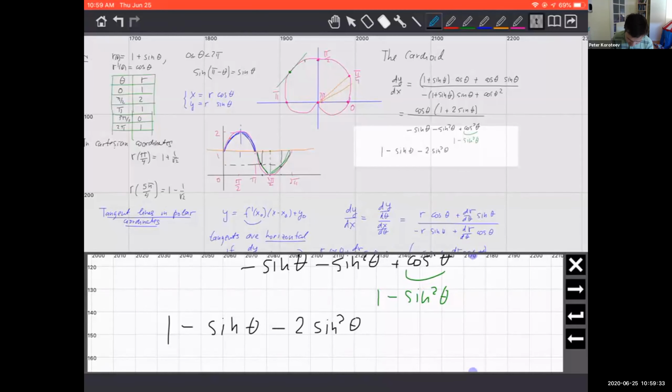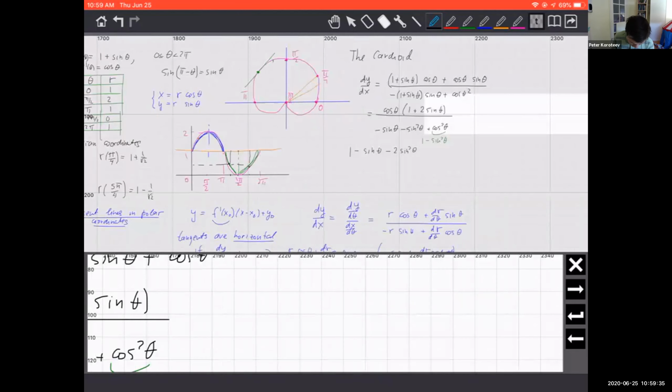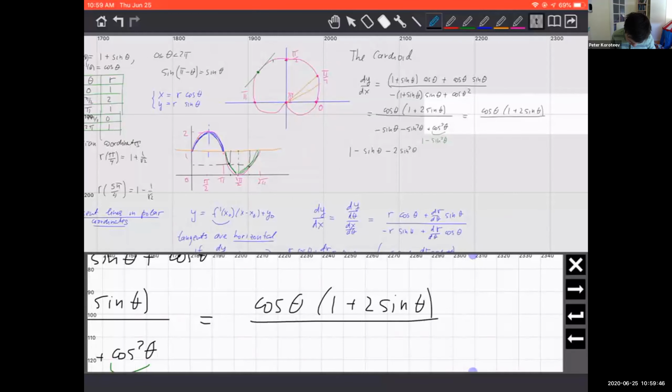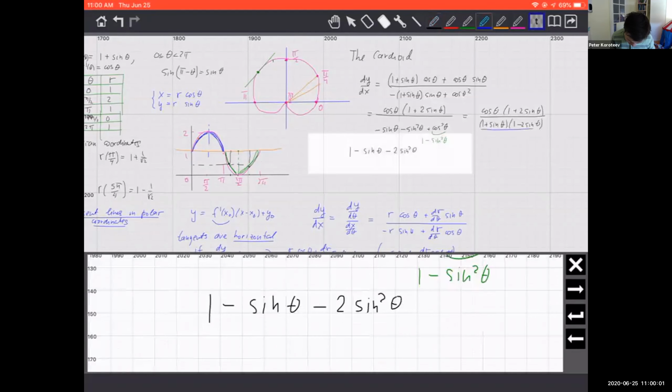This expression we can factor. Copy the numerator first, 1 plus 2 sine theta, and the bottom factors as 1 plus sine theta multiplied by 1 minus 2 sine theta. You can check that if you open up the parentheses, you'll get this expression.